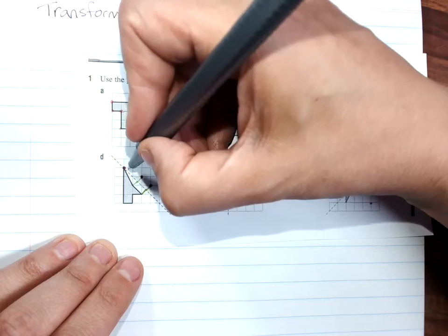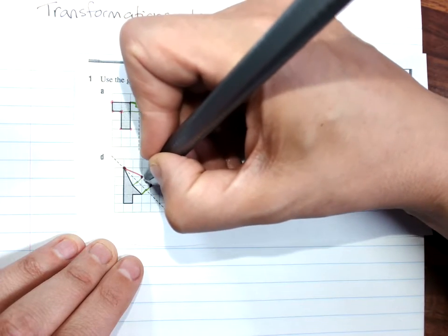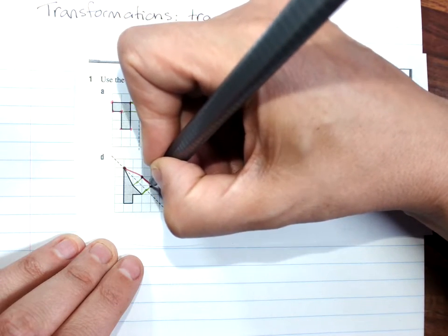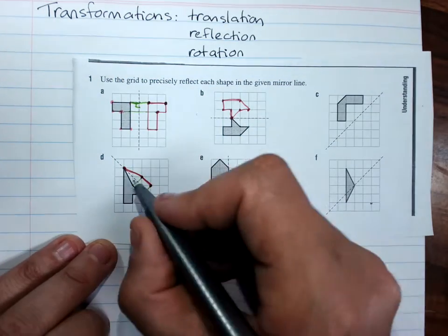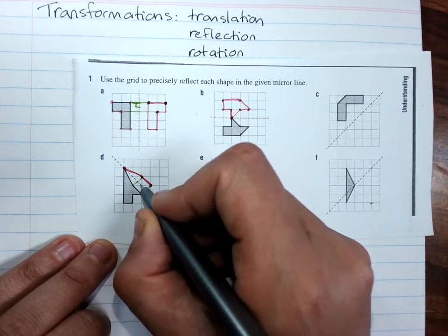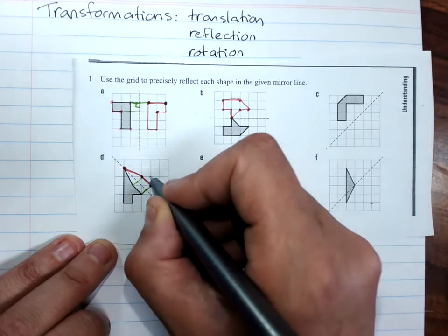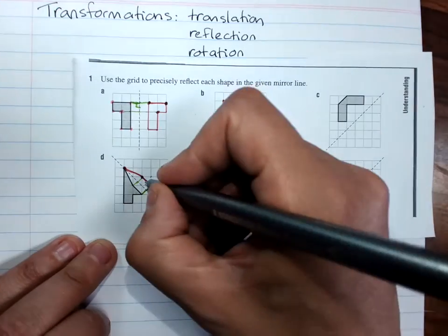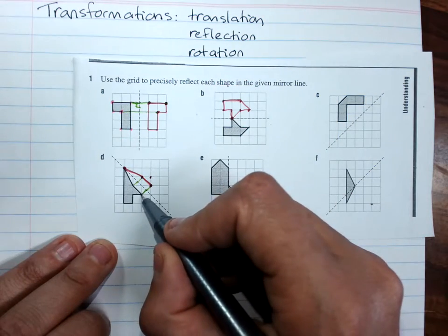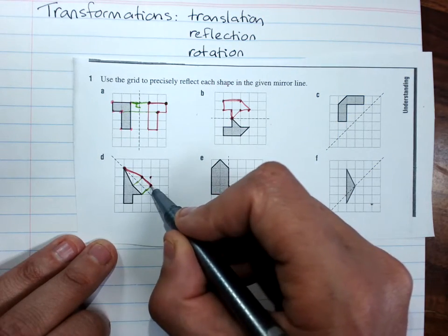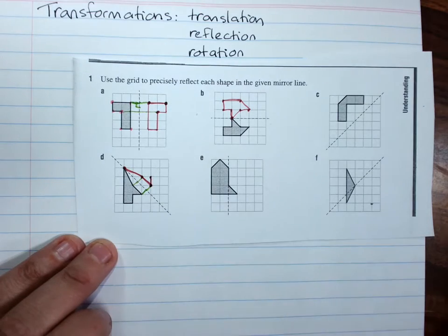It can help to draw parts of the shape as you get the points in so you don't get confused. This point, one full diagonal square away, it's going to go to there. And you can see that this line goes back to that point, so this line goes back to that point.